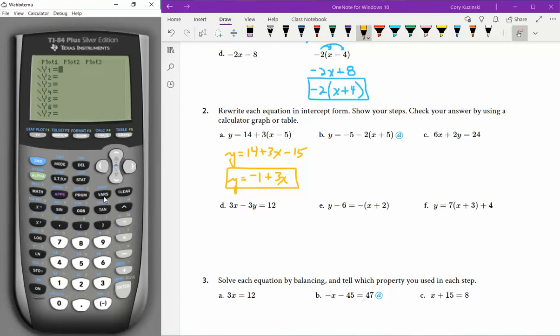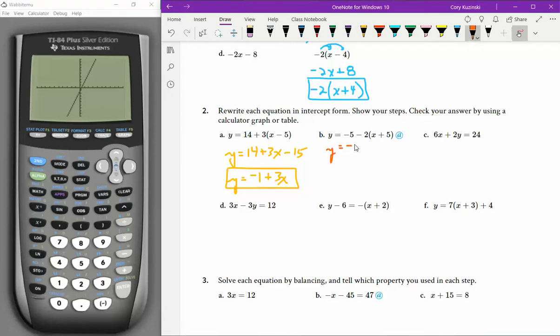Y equals our original 14 plus 3 times the difference of x and 5, and then our intercept form, negative 1 plus 3x. If we go second graph, we can see that their tables are the same. And if we graph, only one line shows up because they're the same line.